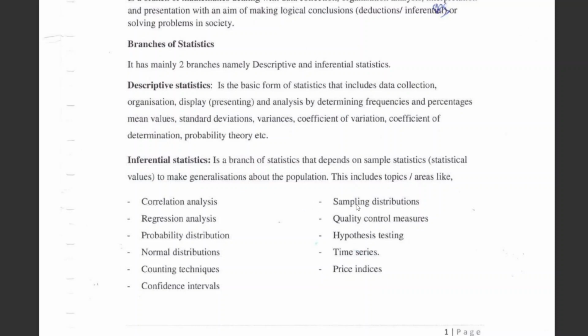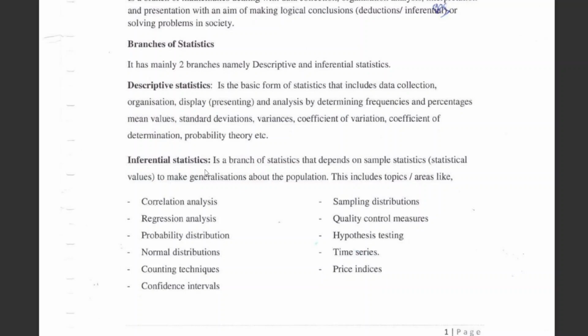So it includes sample distributions, correlation analysis, regression analysis, probability distribution, normal distribution, counting techniques, confidence levels, price indices, time series, hypothesis testing, quality control measures. Actually, we are going to look at sample statistics, and that is what this video is all about.